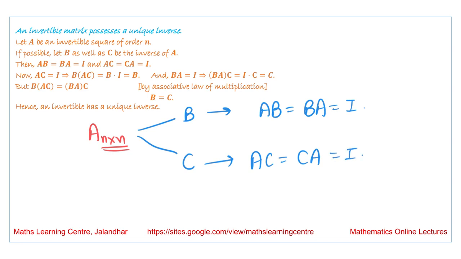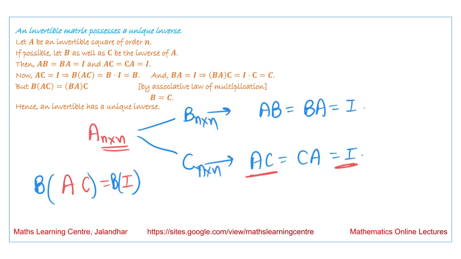Now suppose we start with this equation. We write A into C is equal to I, and we multiply both sides of this equation with the matrix B, because all these matrices are of order n cross n, so multiplication is possible here. Now look at this term. We can write BA into C is equal to B into I. And what is B into A?